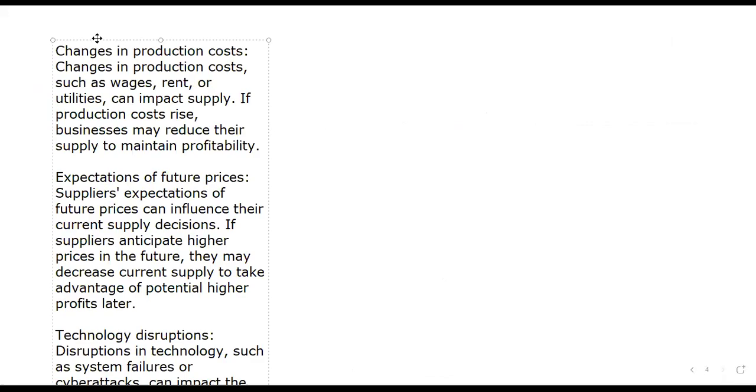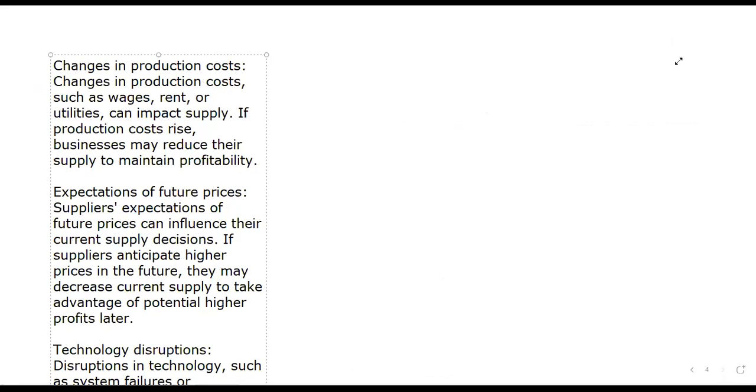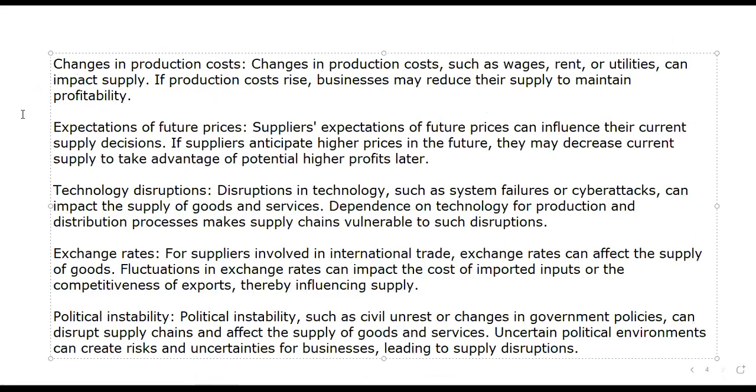Some of them would be as follows. We have changes in production costs. These changes in costs, such as wages, rent, utilities, can also impact supply. So if production costs rise, businesses may also reduce their supply. Expectations of the future prices. So suppliers also are expectant. If they hear that the prices will go up, they will hold supply now for a favorable future.